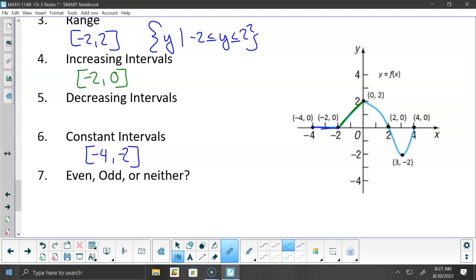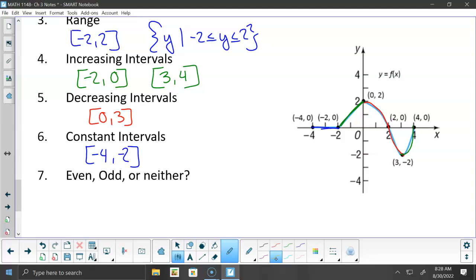So what happens after I finish increasing at 0? Decreasing. Now, it doesn't matter that this way of decreasing is different than this one. It's still decreasing there. Okay, so my decreasing interval is going to be from 0 to 3. And then it starts increasing again. Three to 4.